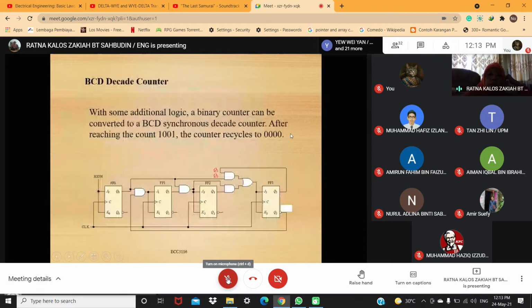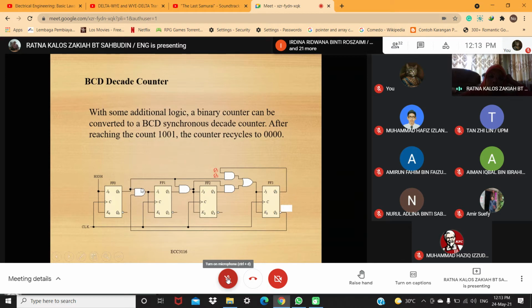And then you have the BCD decade counter. With some additional logic, a binary counter can be converted to a BCD synchronous decade counter. After reaching the count 1001, the counter recycles to 0000. Now look at the diagram here. It has slightly different circuits.